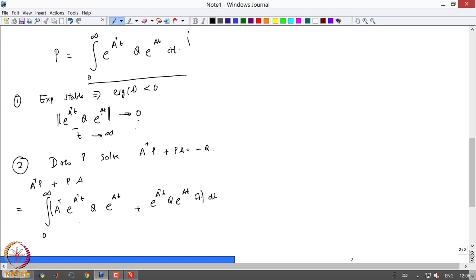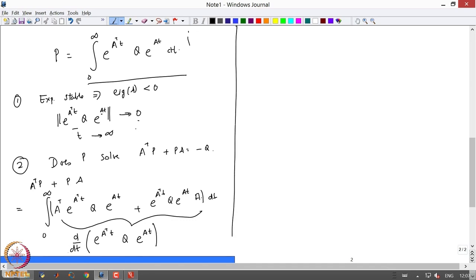Now, closely look at this quantity inside the bracket. This is essentially d by dt of e power A transpose t Q e power A t.